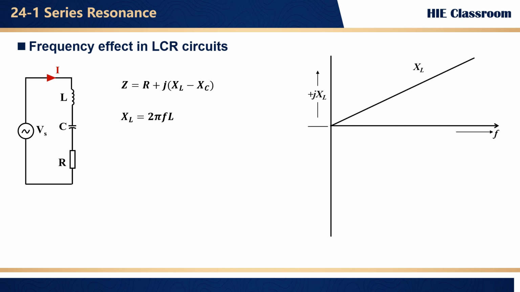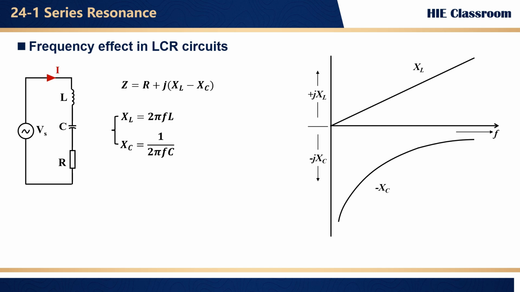On the other hand, the capacitive reactance XC equals 1 divided by 2 pi times frequency times the capacitance C. XC starts super high negatively at low frequency and then dives down, curving as it goes.